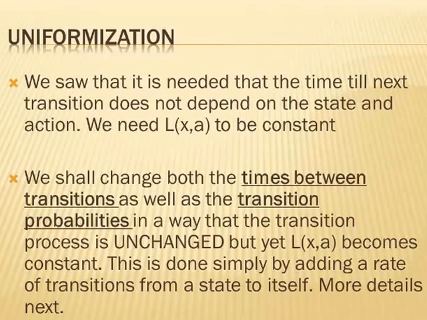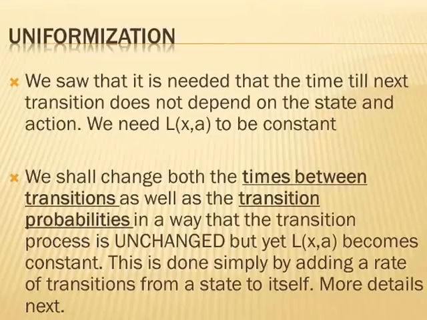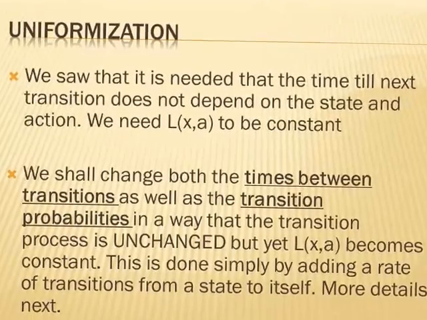So what we do, we change both the times between transitions and the transition probabilities in a way that the transition process itself is unchanged. But yet, in the new process, L becomes constant. And this is done simply by adding a rate of transitions from a state to itself. Okay, so here come more details on this.